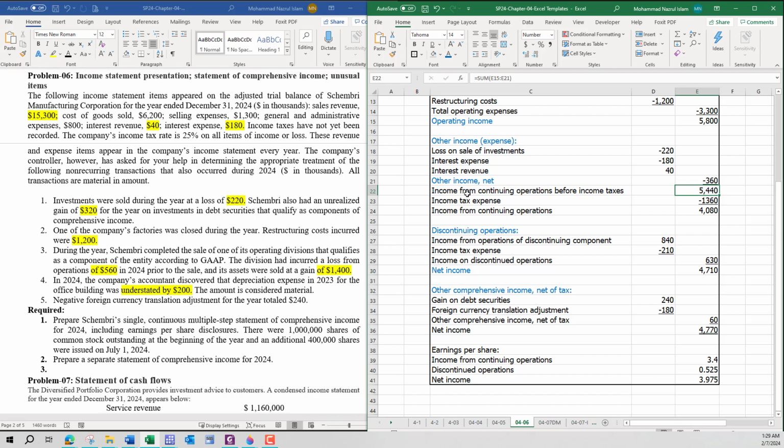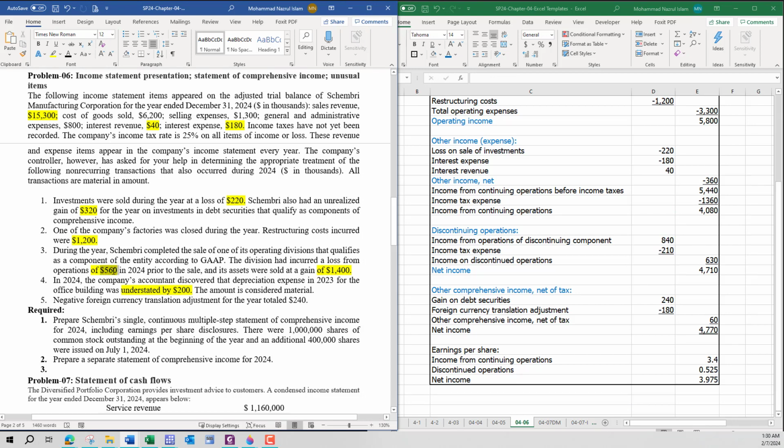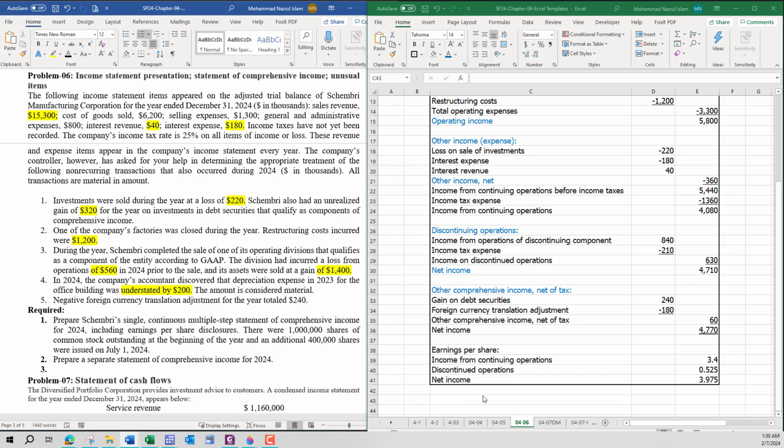Income tax expense is 25% of this, and so income from continuing operations after tax is this one. Income from operations of the discontinued component is 840. How? We had a 560 loss and the gain was 1400, so 1400 minus 560 is 840.